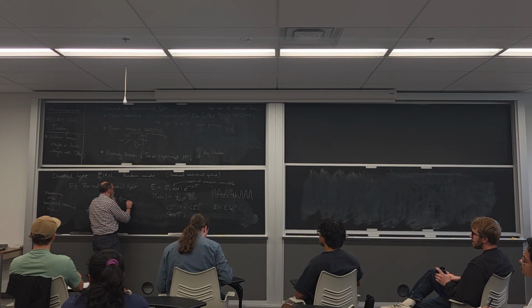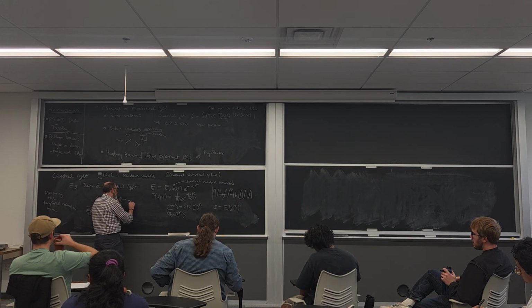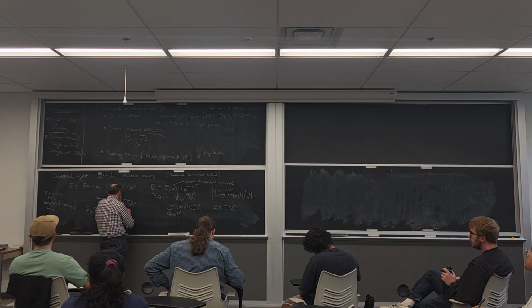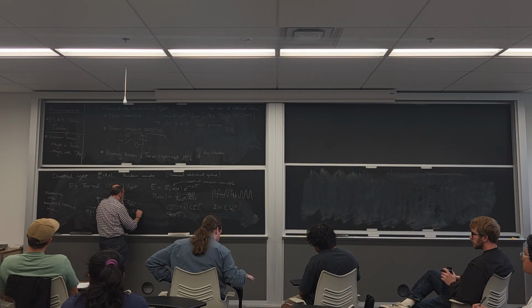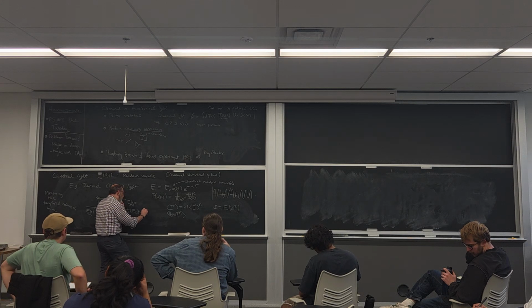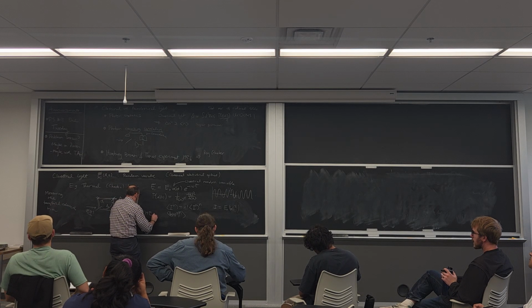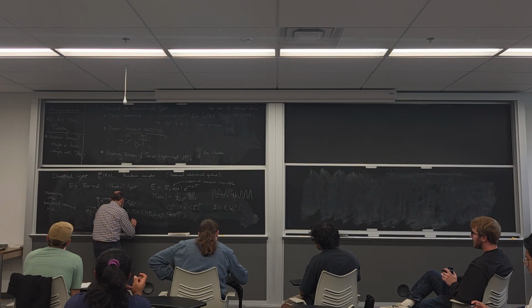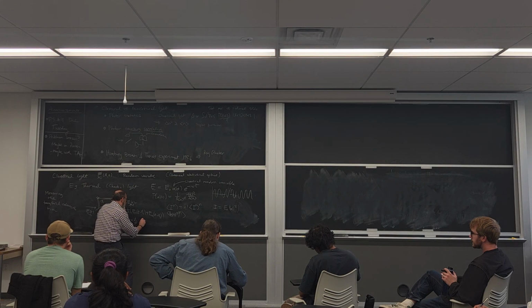The output field at some time is equal to the superposition of the input field at the retarded time T1, plus the input field at the retarded time T2, where the retarded time is just how long back in the past the light traveled, right?